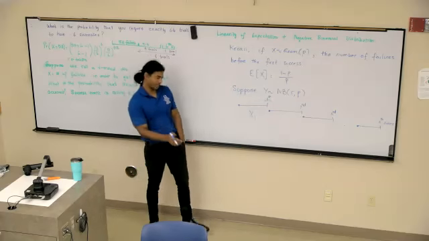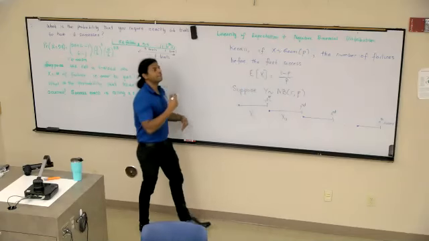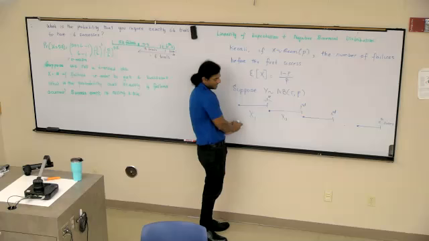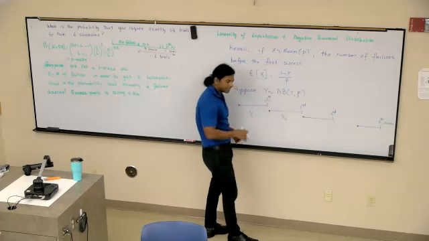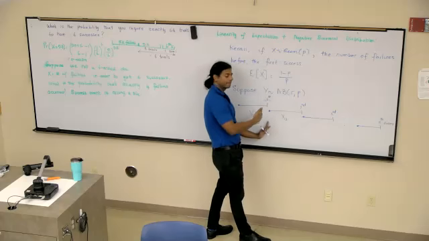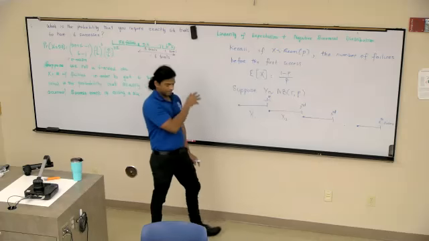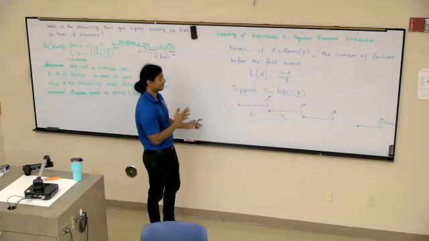It is still geometric. Even if I asked you, what is the probability it is going to take more than 2 trials? It is the same as starting from here. It is like you reset and you begin from here. That is what we call the memoryless property of geometric distributions.